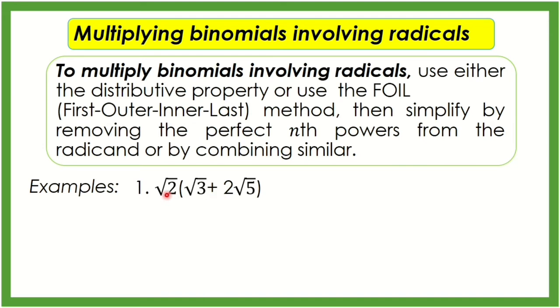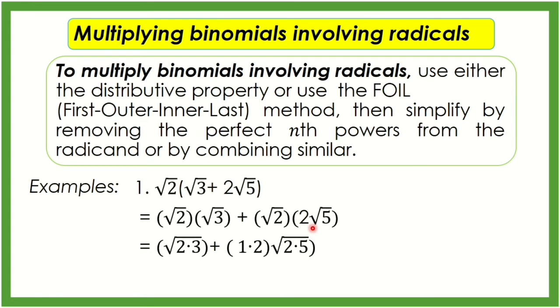Yung square root of 2, imumultiply natin sa square root of 3 at saka sa 2 square root of 5. Una, square root of 2 times square root of 3. Then, plus square root of 2 times 2 square root of 5.